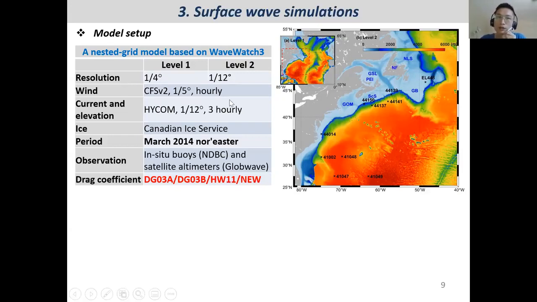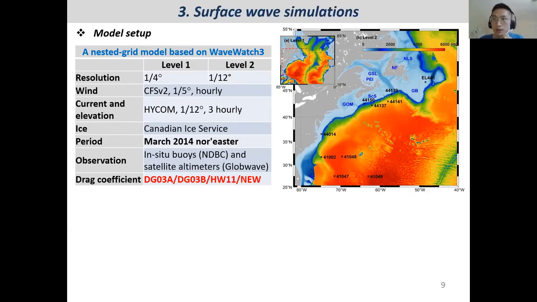And we also consider the effect of currents by using HYCOM data, and the effect of sea ice by using Canadian ice surface data. And the observations from the in-situ buoy data and the satellite altimeter data are used here in the assessment.